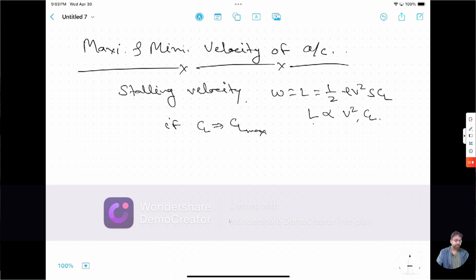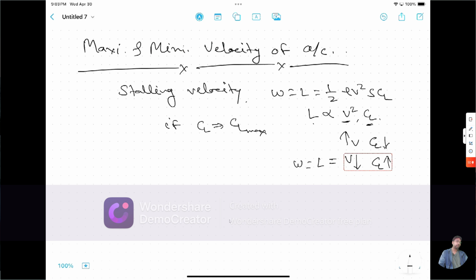So we are getting lift by the velocity and by the CL also. When we are flying at a higher velocity, then we need CL very minimum. And if we are flying with lower velocity, that time we need CL as much as we can. So that's why finally we have to get this lift equal to W always.